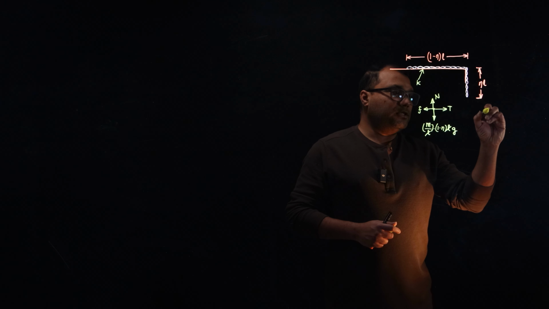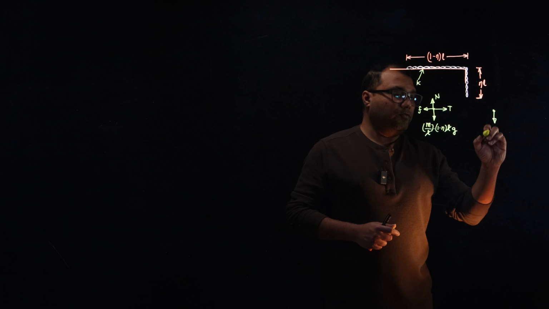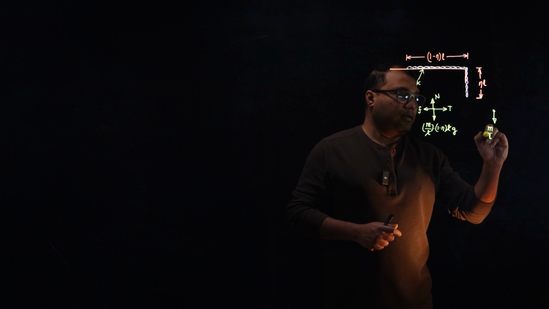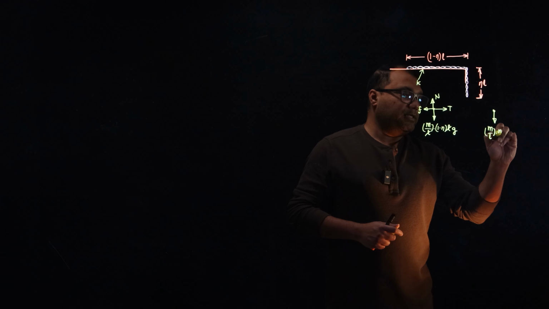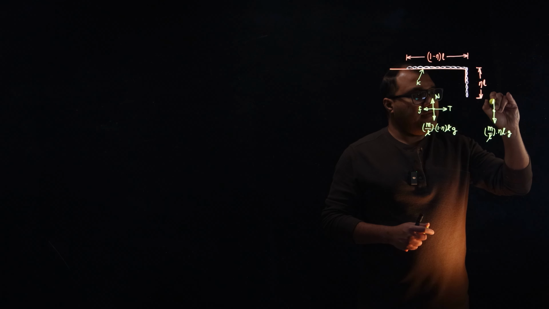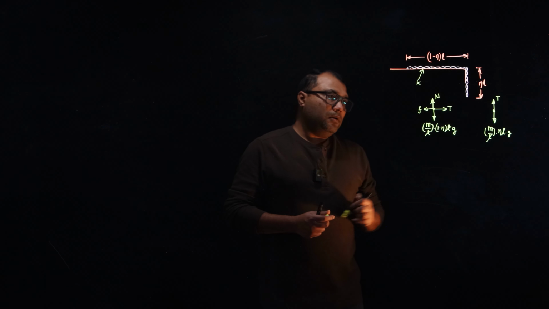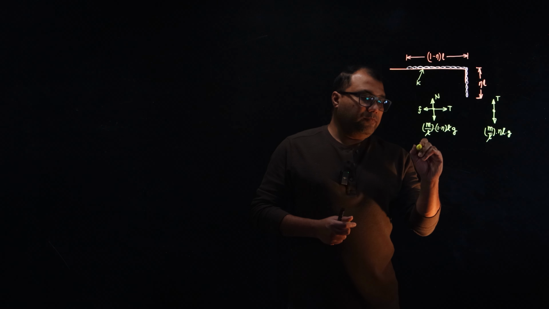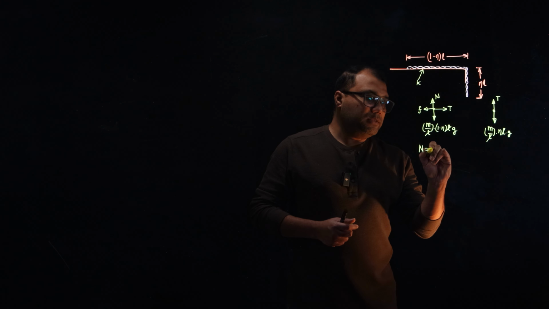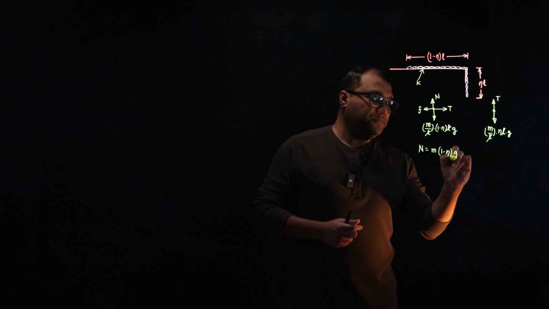Similarly, for this part of the chain, we can look at the free body diagram. This part will be m by L times eta L times g, so L gets cancelled, and this is supported by the same tension T. Now, if all of this is in equilibrium, we can write N equals m times 1 minus eta, times g.